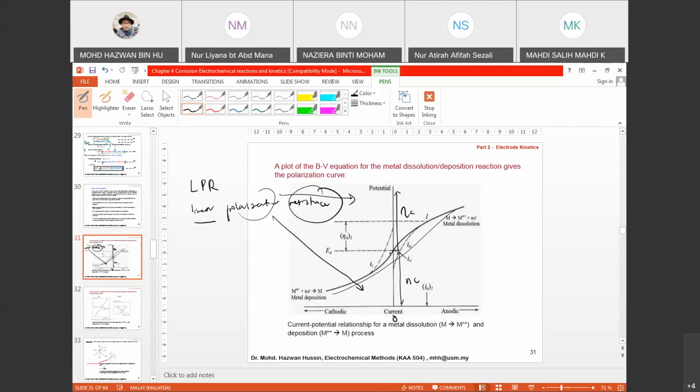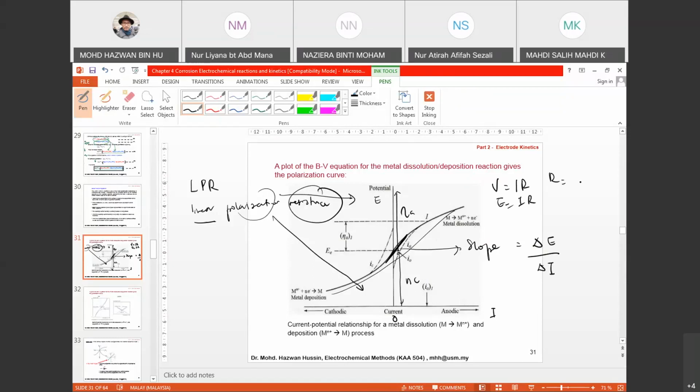Because if you look over here, it is potential versus current. If you calculate the slope over here, the slope is equal to the change of potential over the change of current. If you remember Ohm's law, V equals IR, or E equals IR.